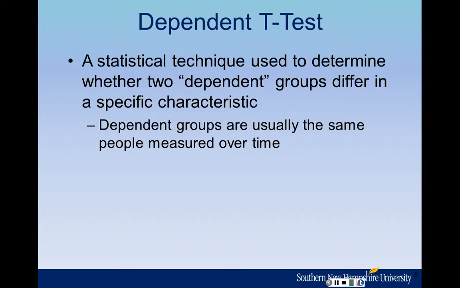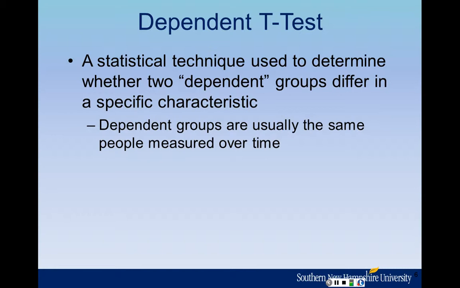Another example is, let's say we're going to measure the performance of students on an exam in a quiet room versus a very noisy room. And so let's just say we're going to take a bunch of people and they're going to do the test twice, or an equivalent test twice.